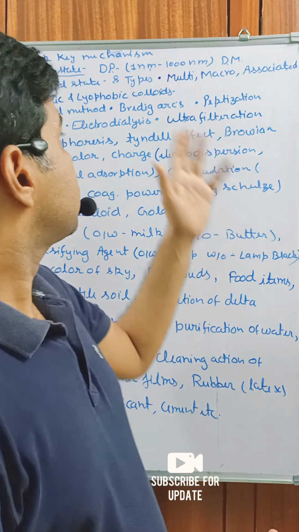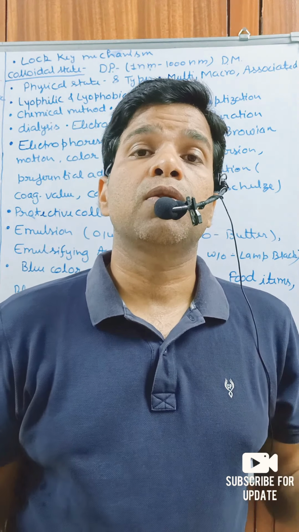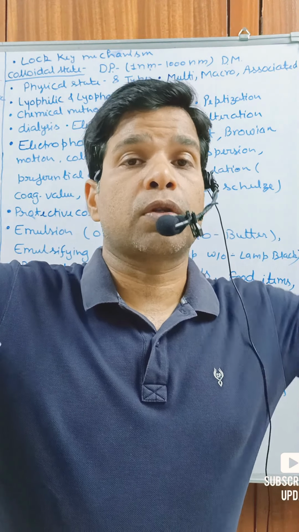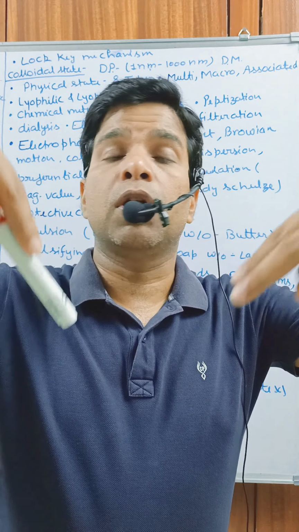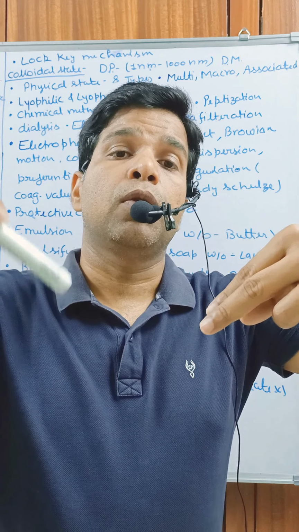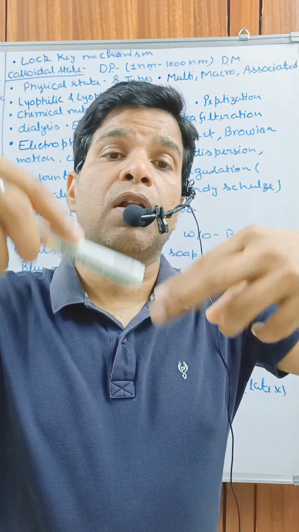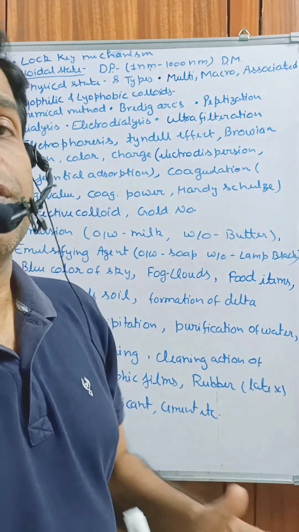Then next we have the Bredig's arc method. In the Bredig's arc method, in an ice cold solvent we have two rods of the same metal, for example Au, and both rods are connected to electrical power. Whenever they touch each other, lots of energy is released due to sparking, and that energy is sufficient to cause sublimation.